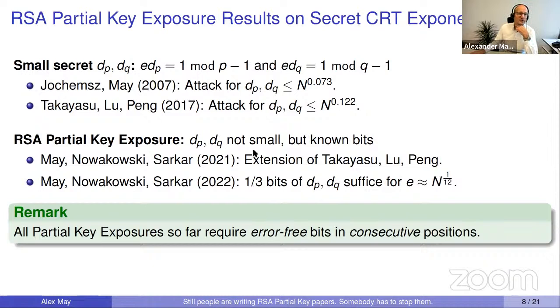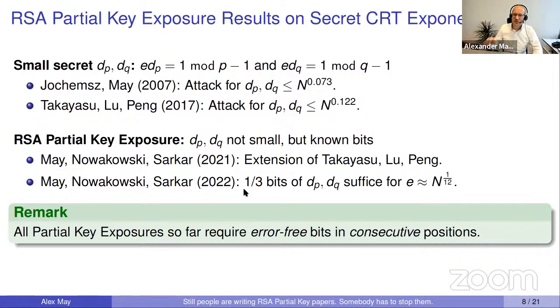And then we could actually do also RSA partial key exposures where dp, dq are not small, but you have known bits. And this is the extension here with my co-authors, Julian Nowakowski and Santanu Sarkar. And we could do that as a partial key exposure. And then we got excited also about these CRT exponents. And at this Eurocrypt, we showed some very strange result, I think.